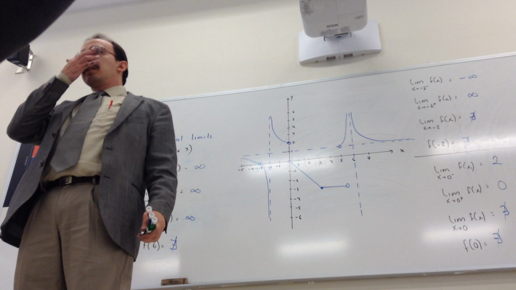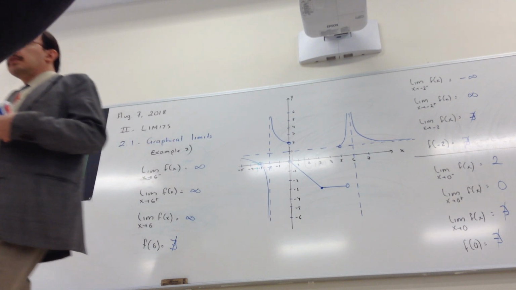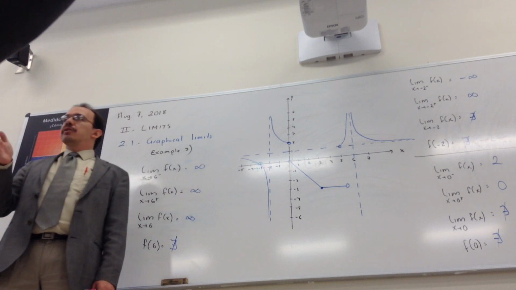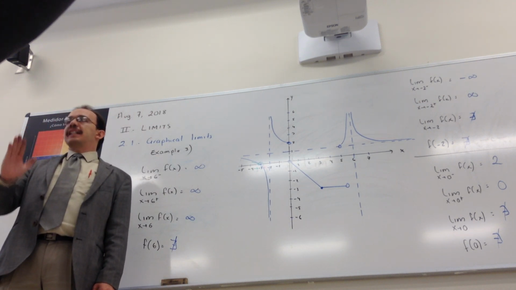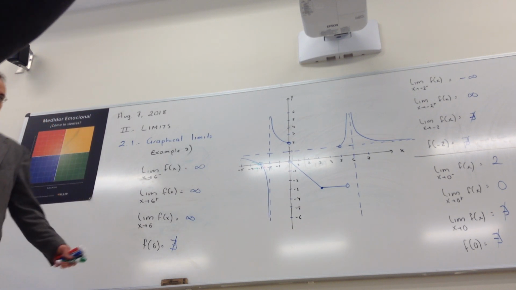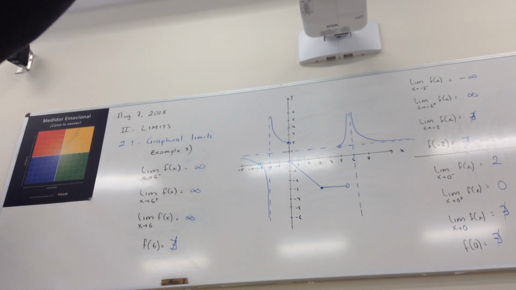An asymptote is imaginary. An asymptote is not the graph. An asymptote is like a boundary. There is no graph in there. Good. You see this?